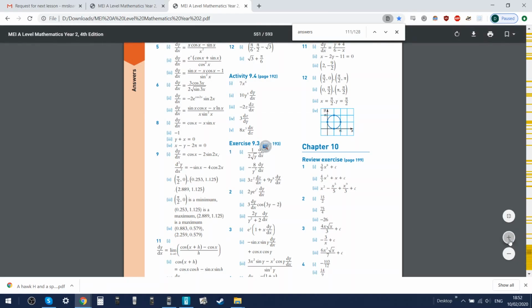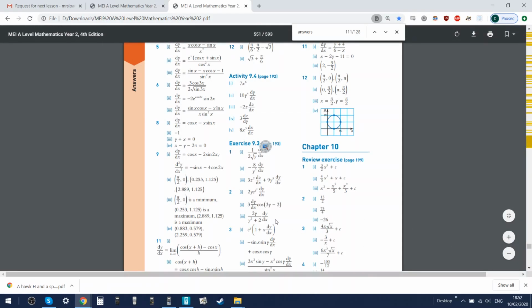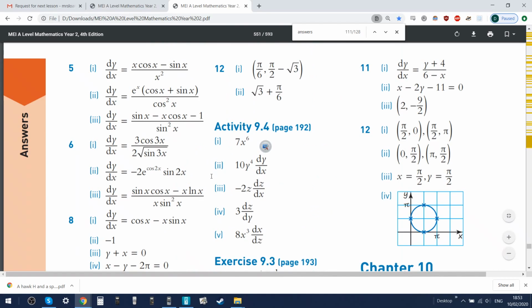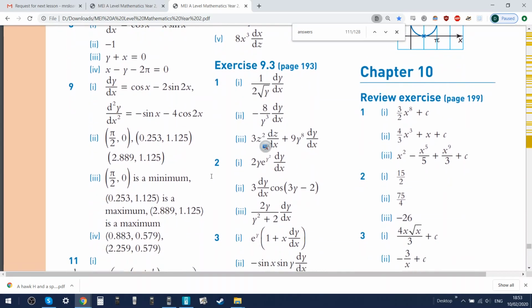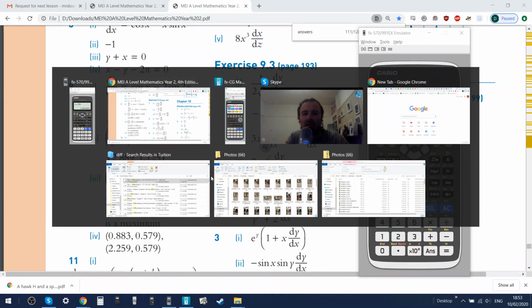And they just subbed them in to get the y. Hopefully this will get bigger. That's question 2. I think we found the point, so we just substitute them into y, and then that's that. Okay.